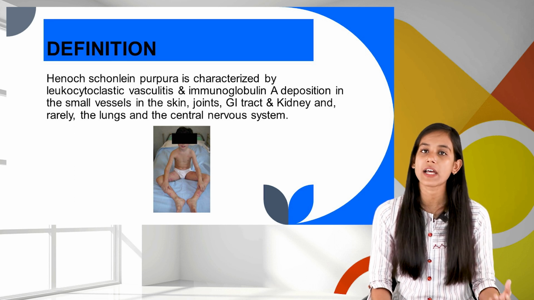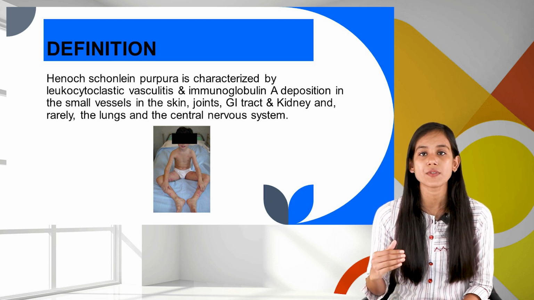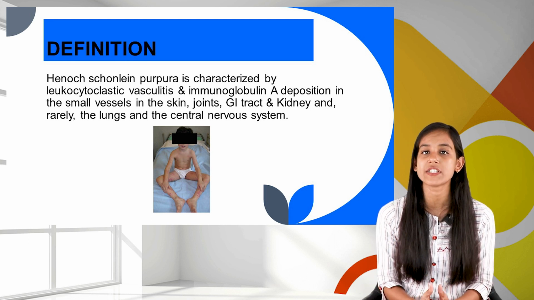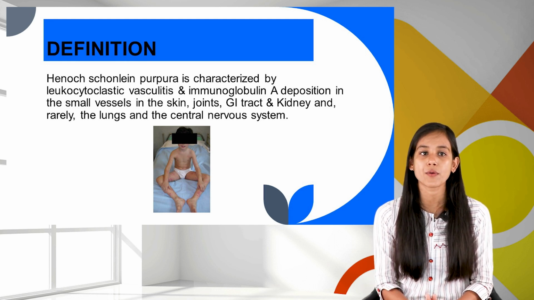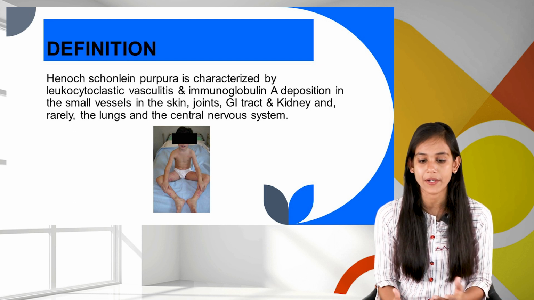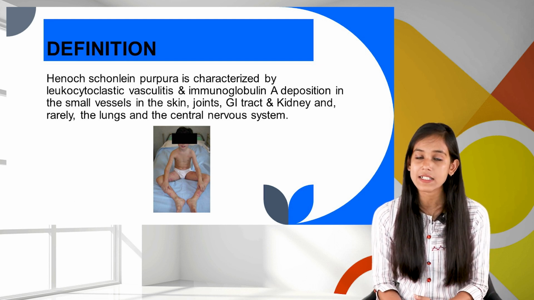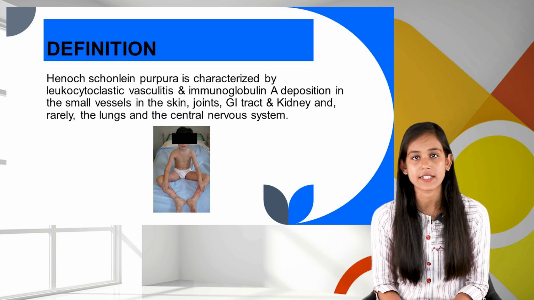But apart from that, there are other organs which might get affected. This is a disease which affects multiple organs. It can also rarely affect the lungs and the central nervous system.